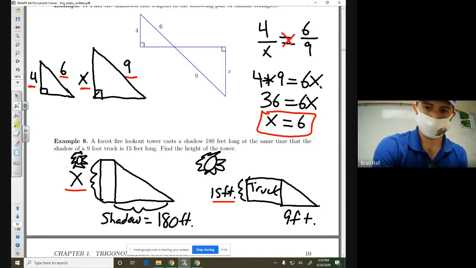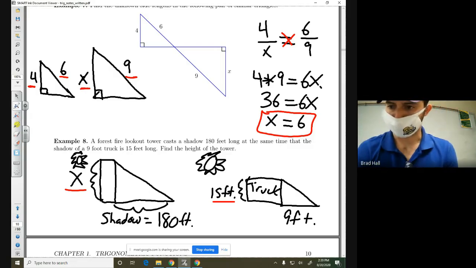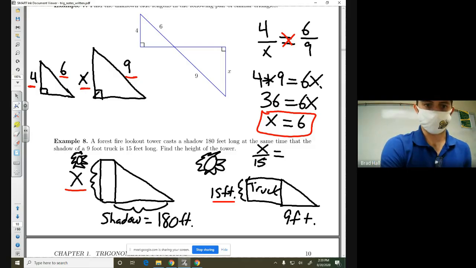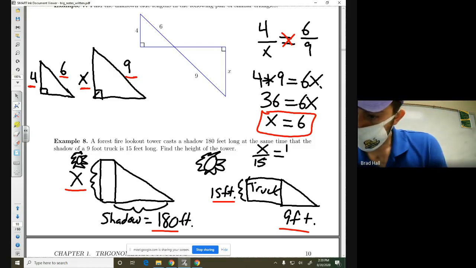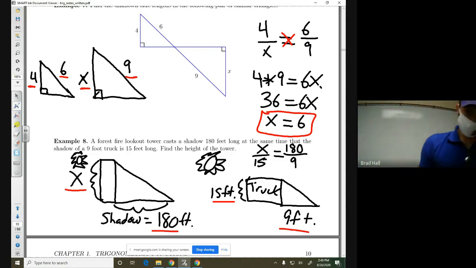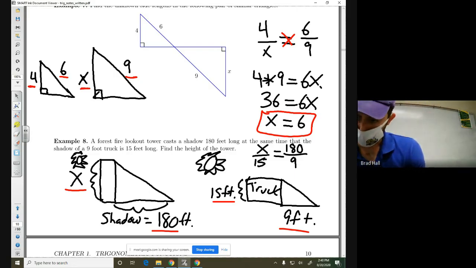So that ratio is equal to the ratio of the other sides, the two shadow values. And you cross multiply again, all that fun stuff. I'm running out of room, so I trust you all know how to solve from here.